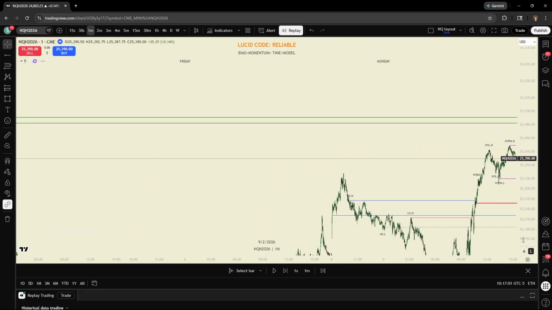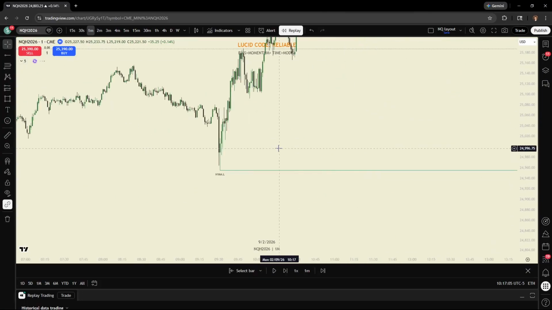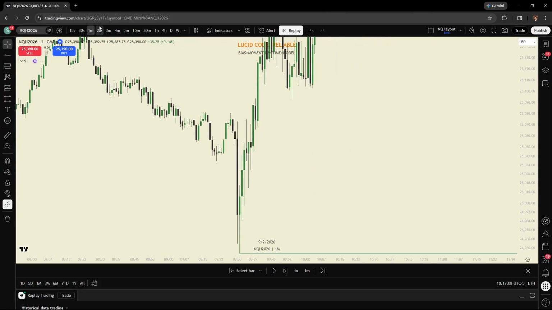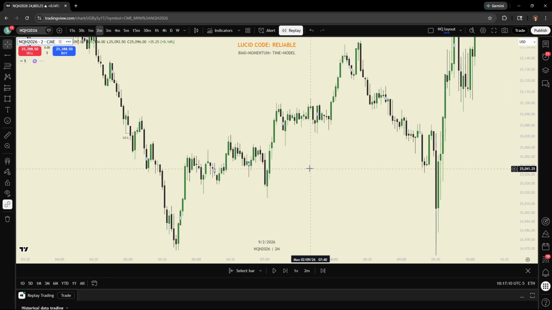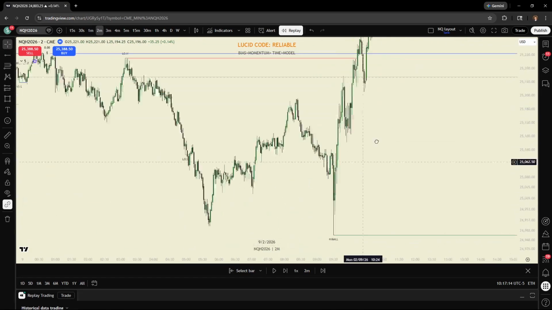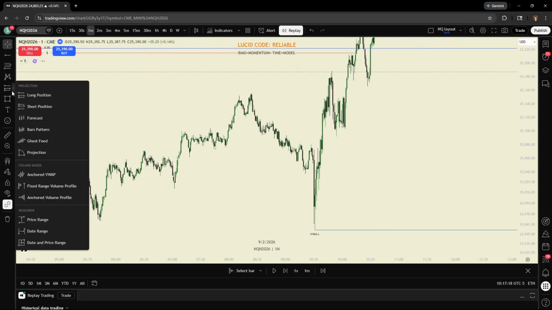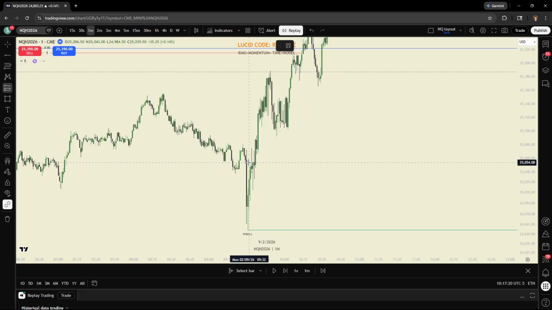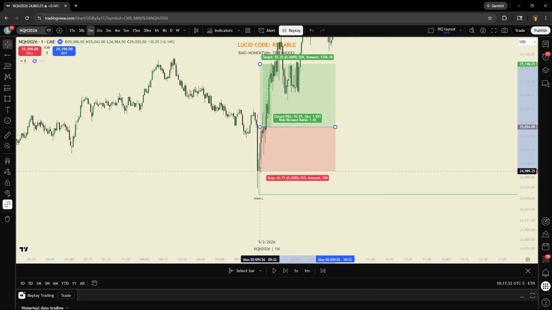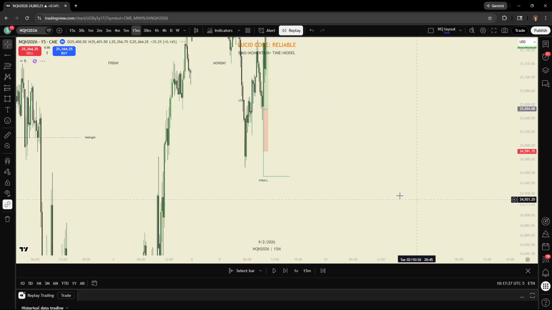All right, starting with Monday. I think the setup for today is going to be the 1 minute here, even though it's technically invalid. I really like this V shape off open, and I really like the Judas swing here that we tap into.